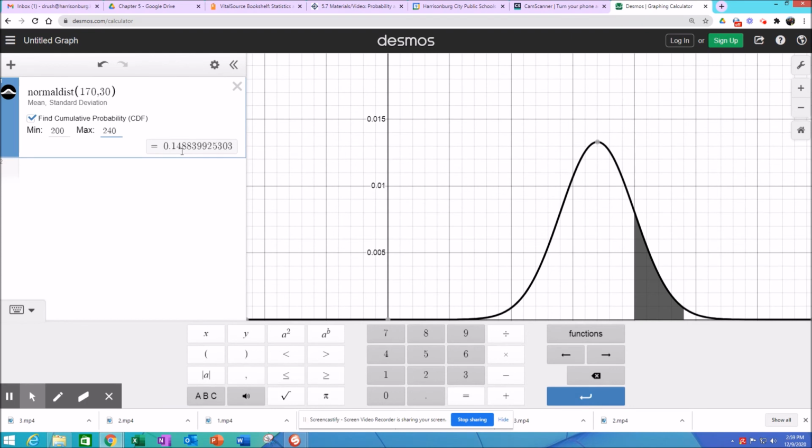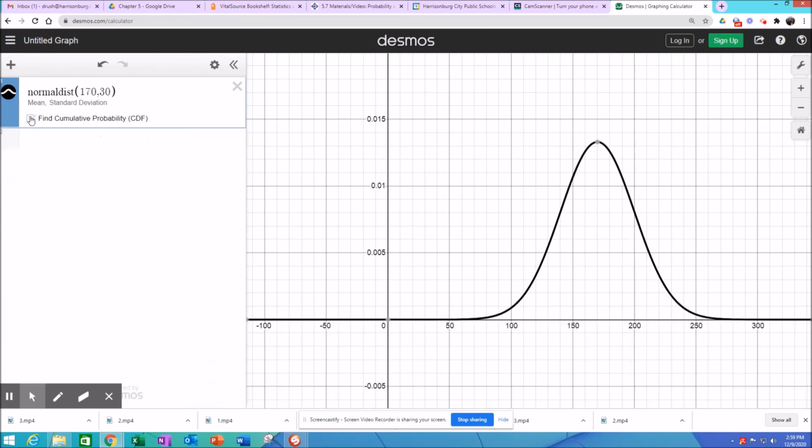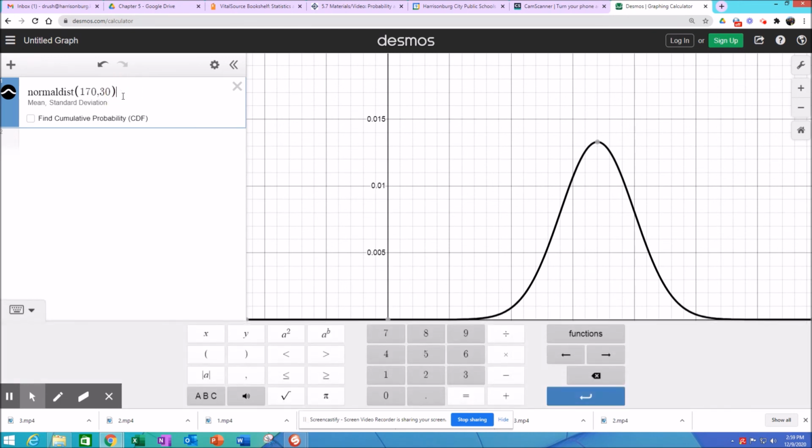Okay, and then the third one is the 10th percentile. So I want to know, where does this give me 10% below? But what value? So remember, we keep this. We put the dot, the period, and then we put our inverse in there. So we're going to find the inverse, and we want the 10th percentile. So at 131.55.